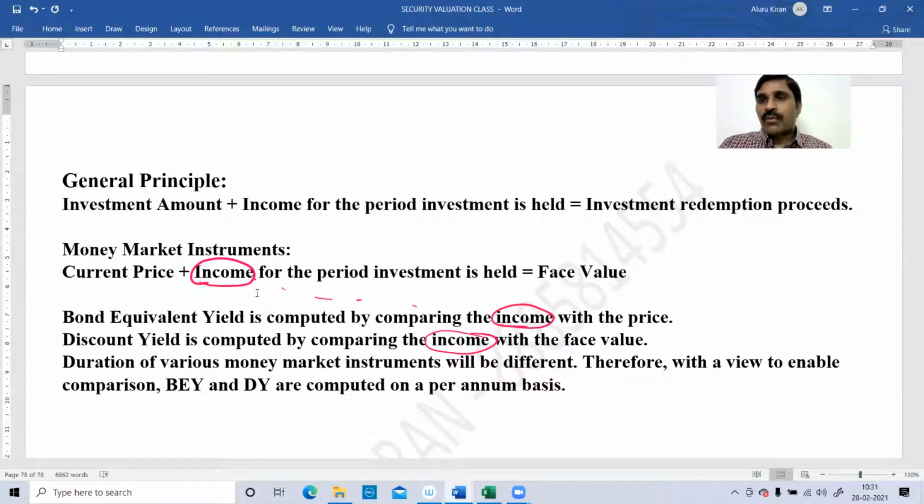A 45 days bond has a per annum 6% yield, and a 90 days bond also has a per annum 6% yield. Therefore we can compare them, as both are on a similar footing. To compare, both should be on a similar footing.